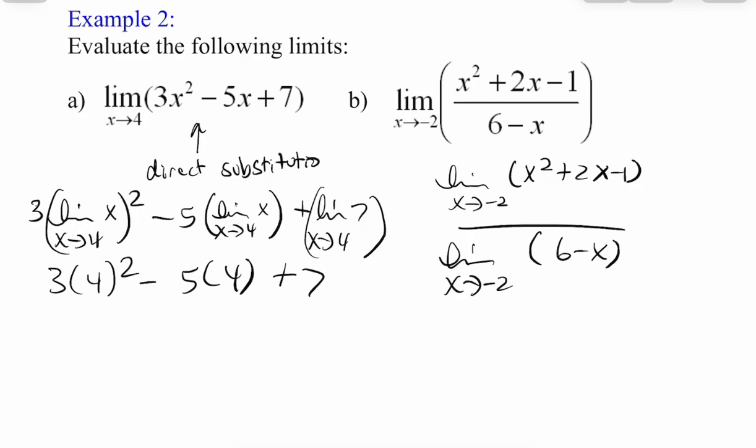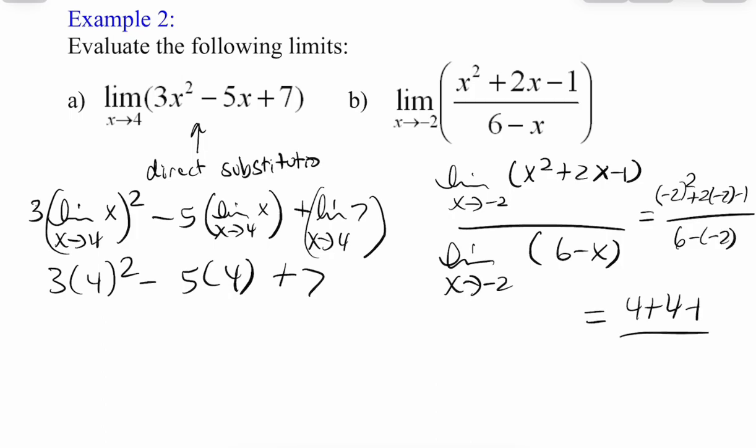No. So it's a direct substitution example. Because in the top, we get -2 squared plus 2 times -2 minus 1 over 6 minus -2. That's 4 plus 4 minus 1 over 6 plus 2.